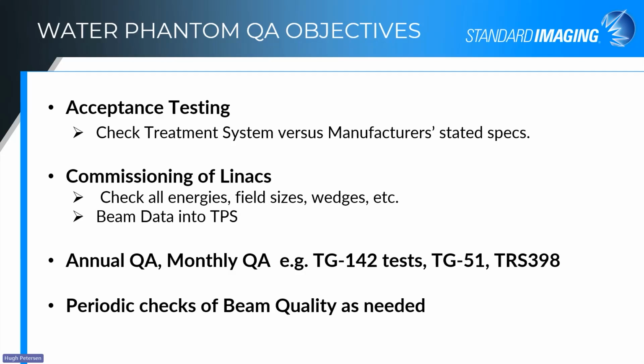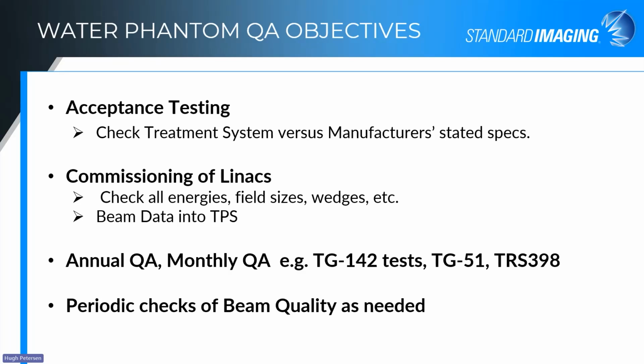And then, of course, you have your routine QA, your annual QA, your monthly QA, following different protocols such as TG142, TG51, TRS 398. So those are there as well. And then you also have periodic tests of beam quality as it's needed.